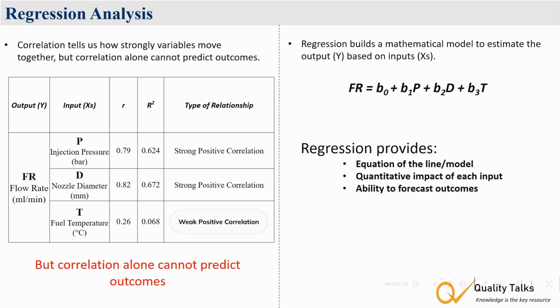This equation enables us to predict flow rate for different values of pressure, diameter and temperature, understand the quantitative impact of each input variable, and it helps us make data driven decisions and forecasts. In simple terms, while correlation tells us whether a relationship exists, regression tells us how to use that relationship for prediction and decision making.